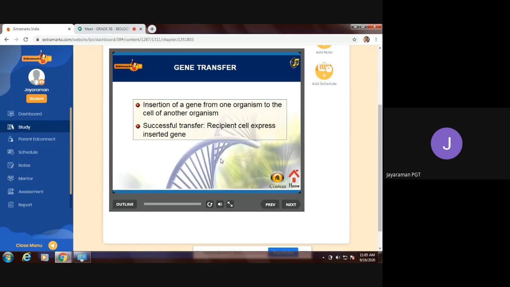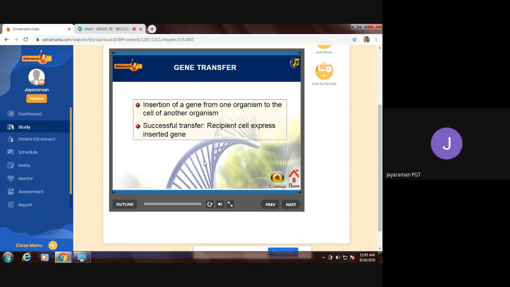That part we are discussing. Already we discussed in the previous slide different types of gene transfer, in one of the classes. Anyhow, we can go into some more details as given in Extramarks. So first is gene transfer: insert the gene from one organism to another. Successful gene transfer means the recipient cell should express the inserted gene. After getting into the cell, it should be able to express the gene.